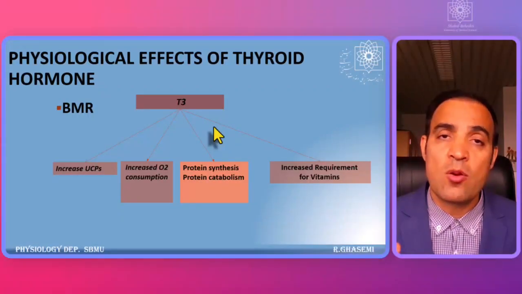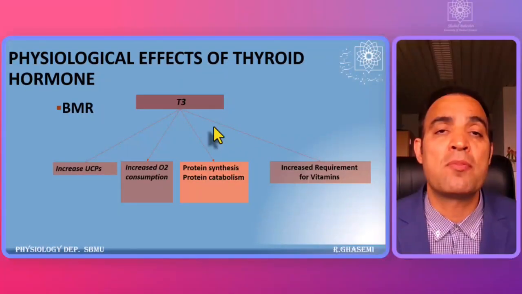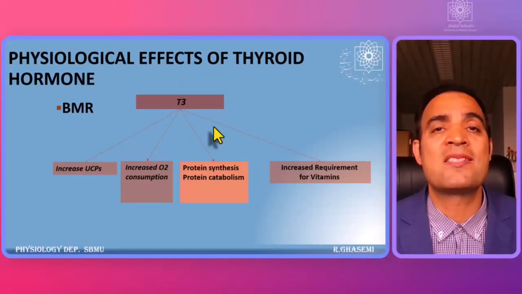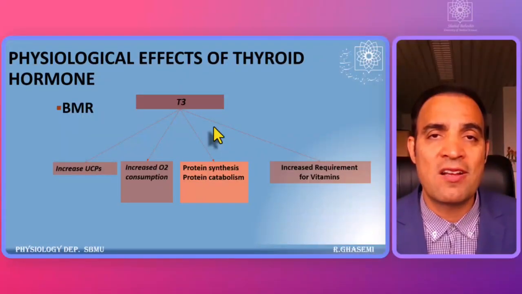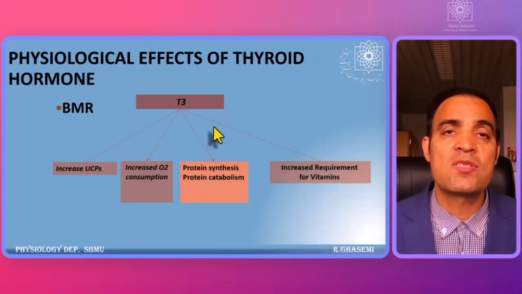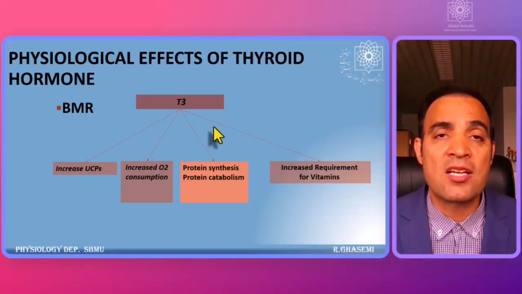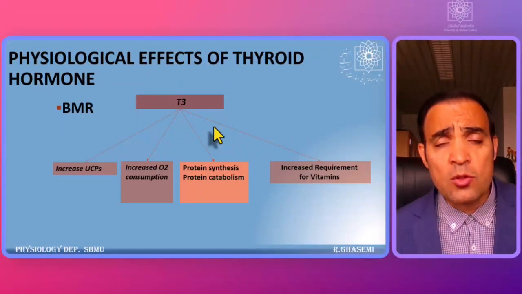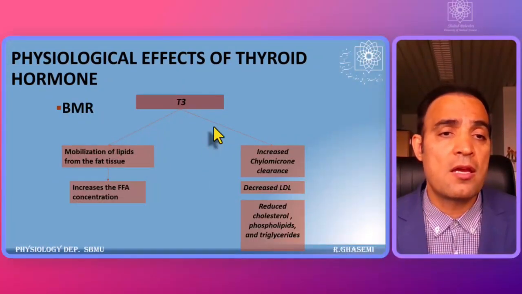In low concentration, it decreases protein catabolism, and mainly thyroid hormone stimulates protein synthesis. But we should know that in very high levels, it can do the reverse and even use the proteins as an energy source. But normally, it stimulates protein synthesis.